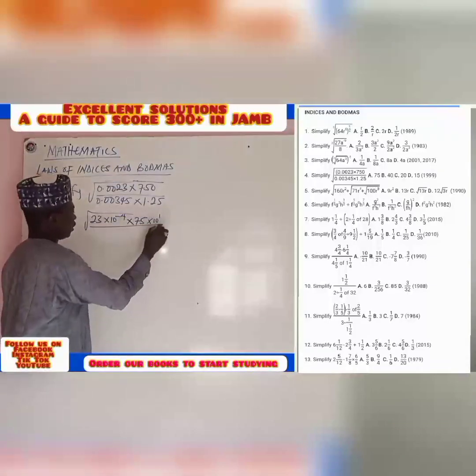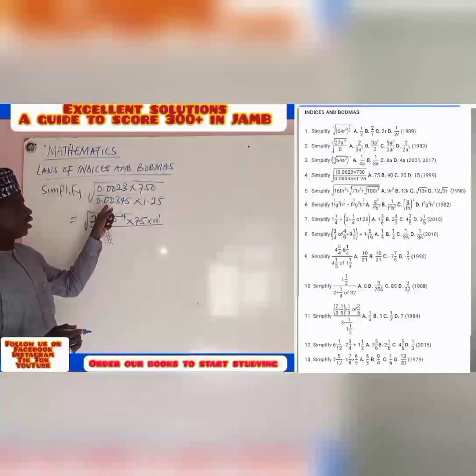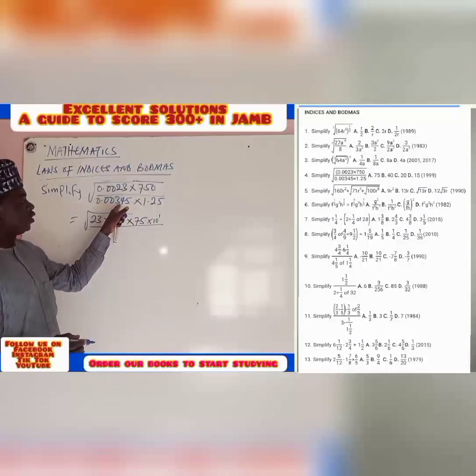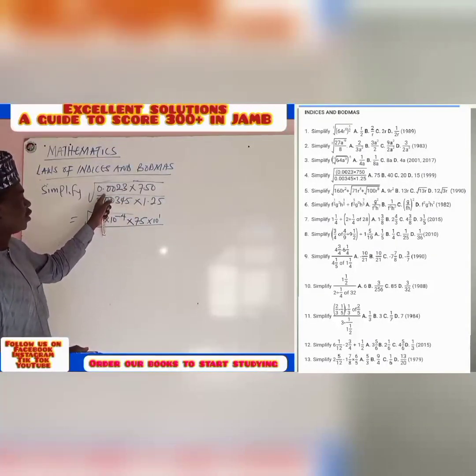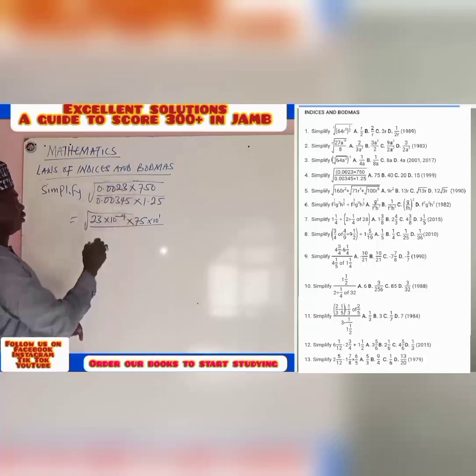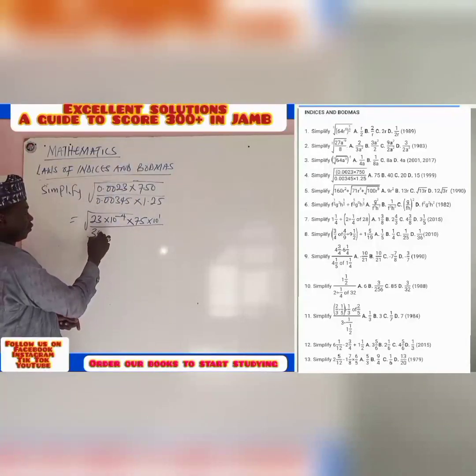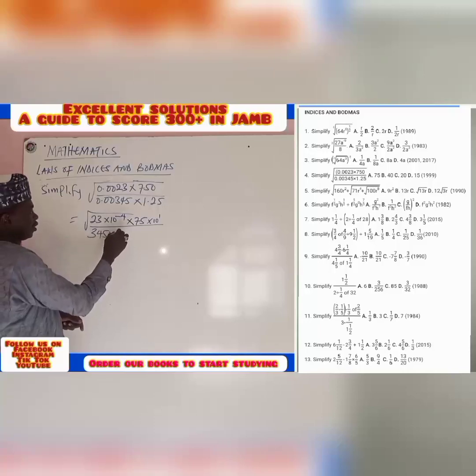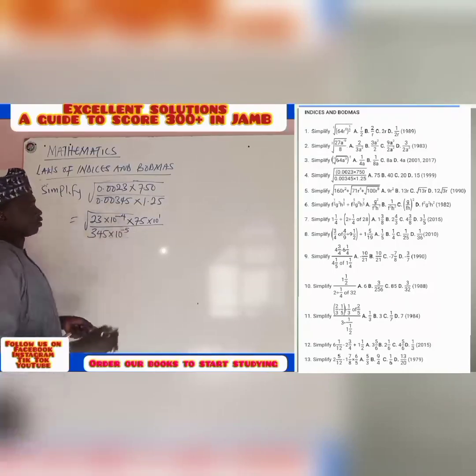We can now say divide by this 0.00345. We can take our points 1, 2, 3, 4, 5. We can leave it as 345 times 10 raised to power of minus 5.